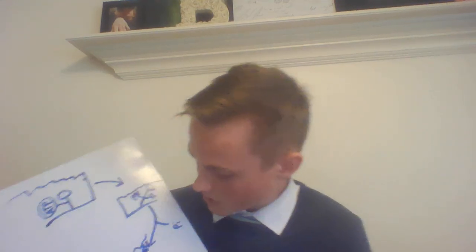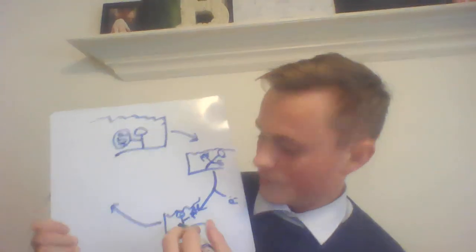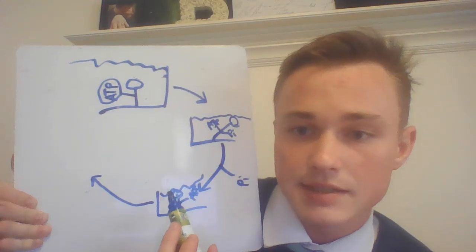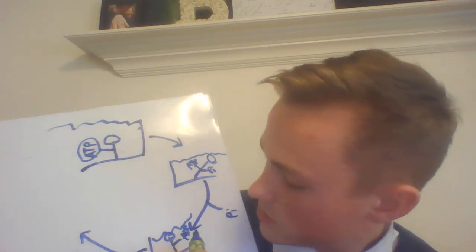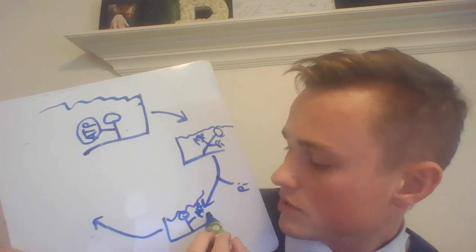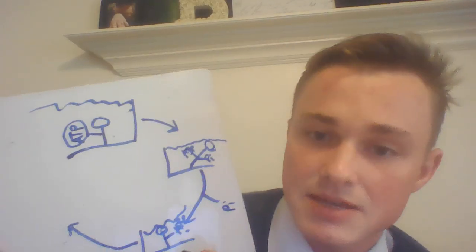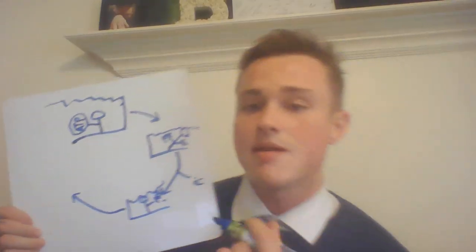Now what happens in order for us to release the heavy chain myosin from the actin? We need to turn the ADP back into ATP by adding another phosphate onto it.